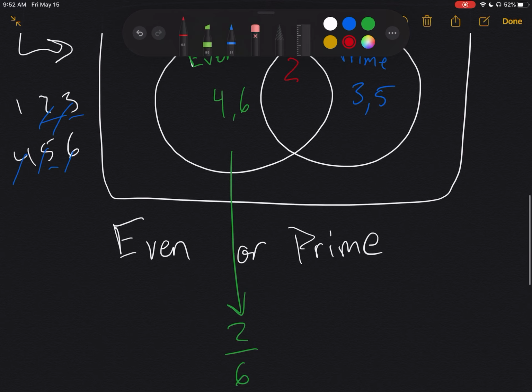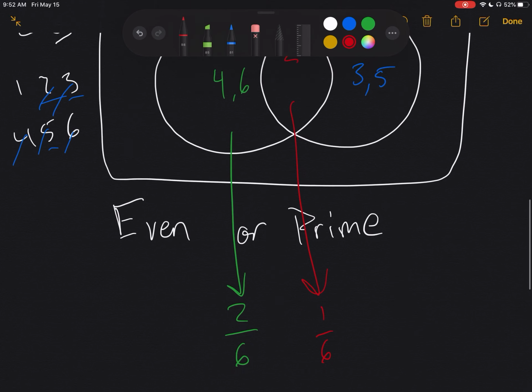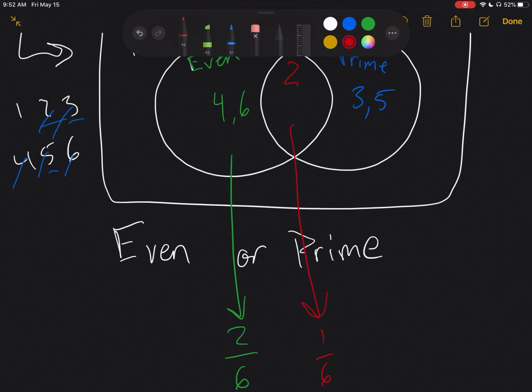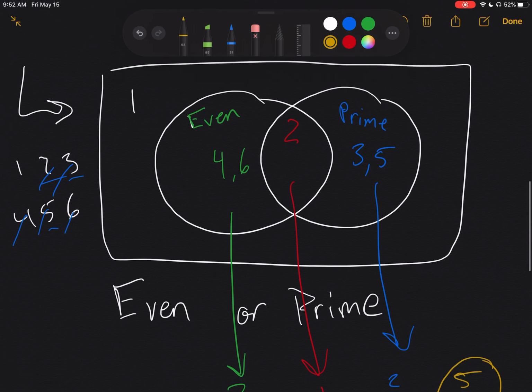I've got a 1 in 6 chance of being both even and prime. And I've got a 2 in 6 chance of being just prime and not even. They all have the same denominator. So 2 plus 1 plus 2 is 5, over 6. And we have a 5/6 chance of being an even number or a prime number when we roll the dice.